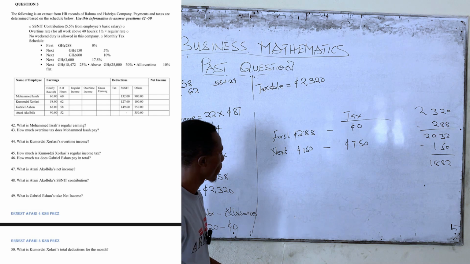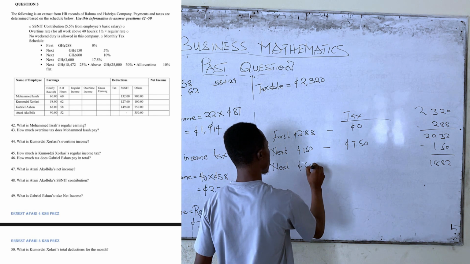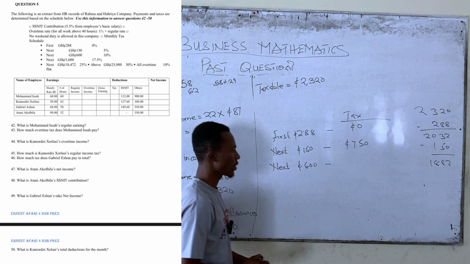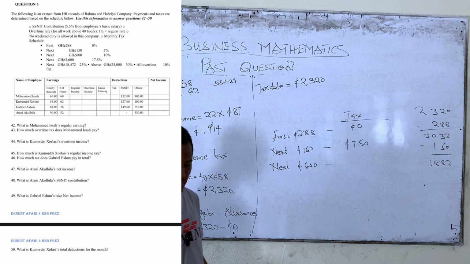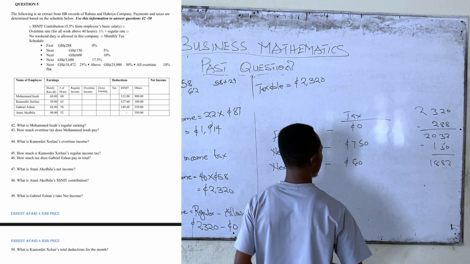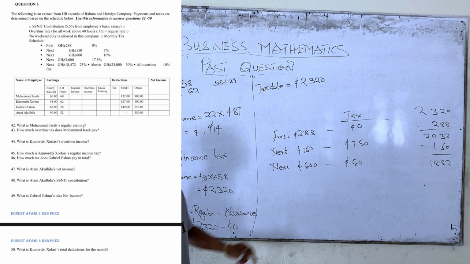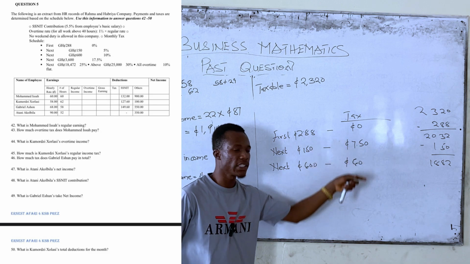For the next 600, the percentage is 10, so 600 times 10% gives us 60. Once you see what we are doing here, when we take the level, we multiply it by the percentage.